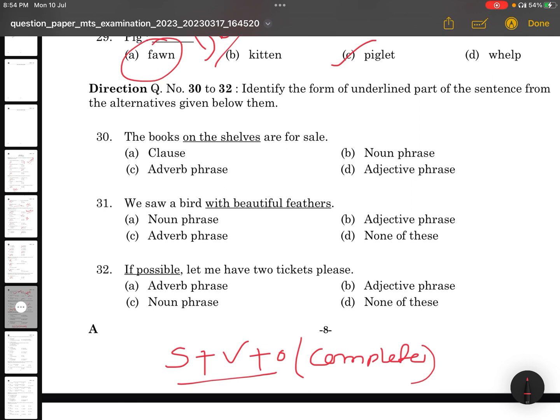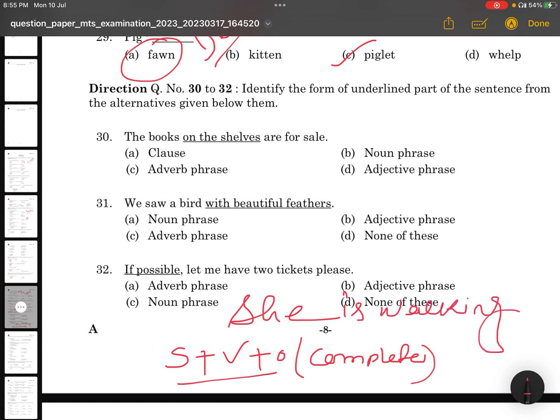Now, what is a phrase then? A phrase is also a part of a sentence that never gives you a complete sensible meaning. It has neither a subject nor a verb. Let's take an example: she is walking.